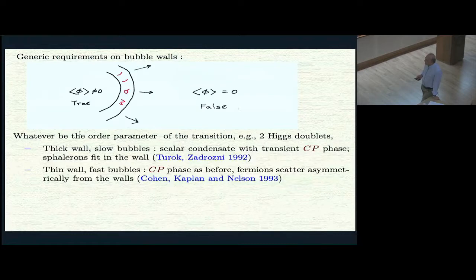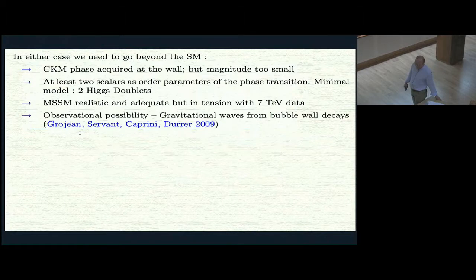And there were two generic models, one that relied on walls being thick, one that relied on walls being thin, and there are details of those calculations, but whatever you wanted to do, even after extending the standard model suitably, eventually you had to rely on bubble walls if you wanted a low scale baryogenesis, because at low scales the Hubble constant is far too small and you can't compete with it.